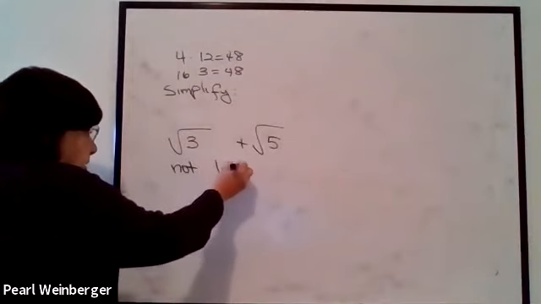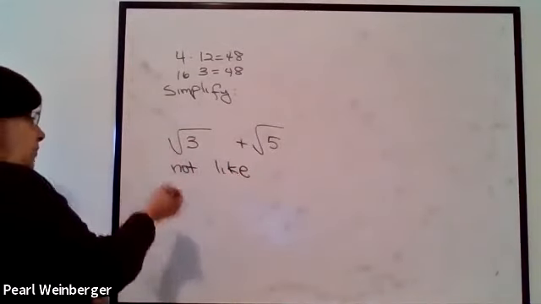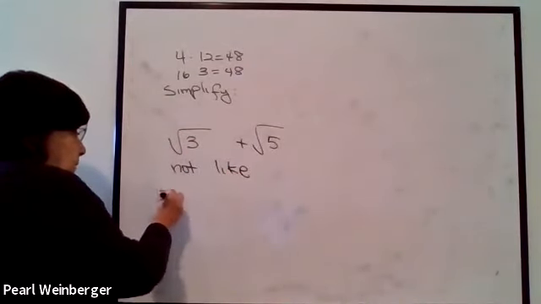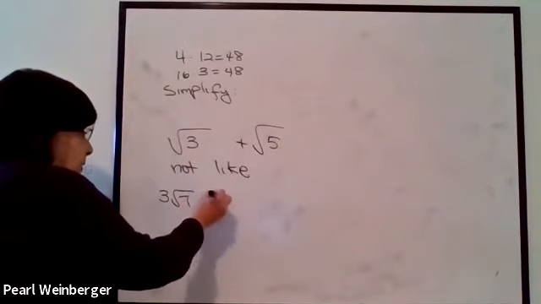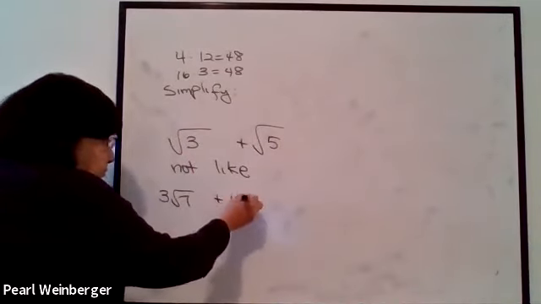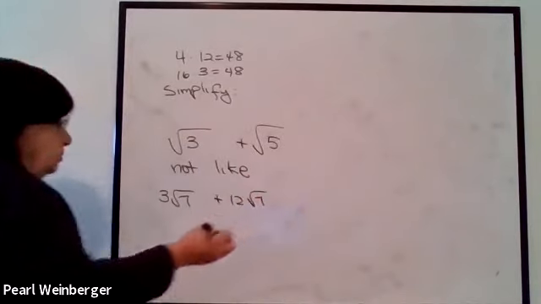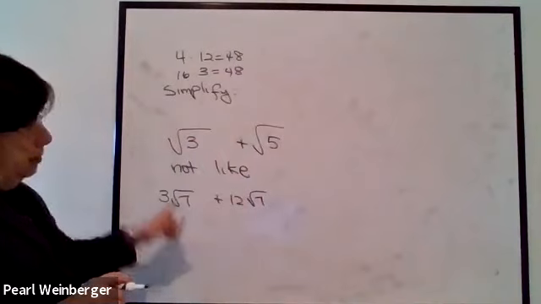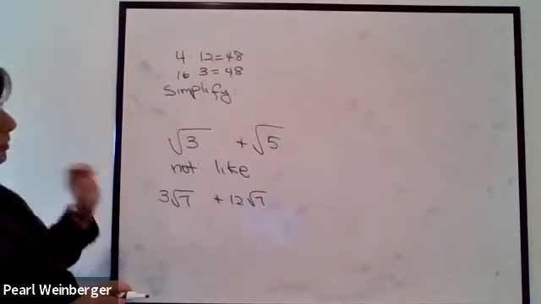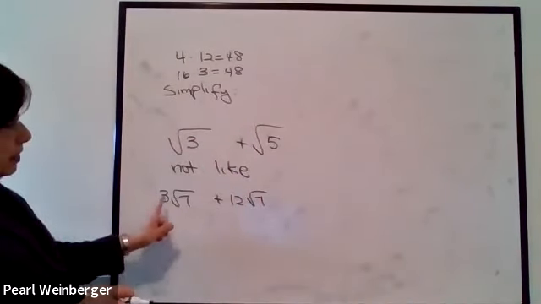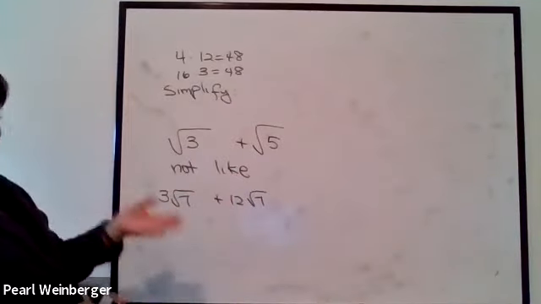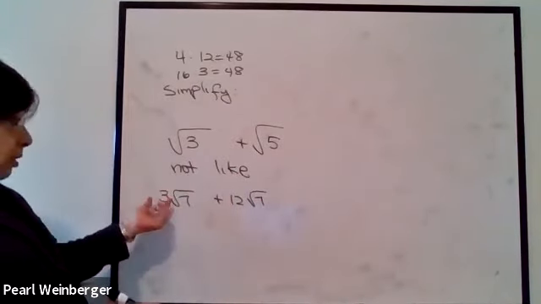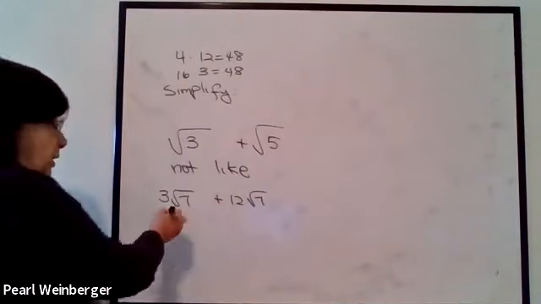So what are like radicals? If I have something like 3 radical 7 plus 12 radical 7, these are like radicals because what's inside the radical is identical. And it's just like adding a 3x plus a 12x. The rule is just add the coefficients, 3 and 12, and you get 15.